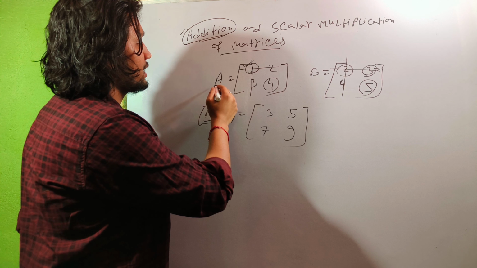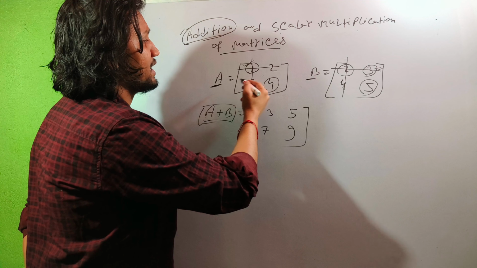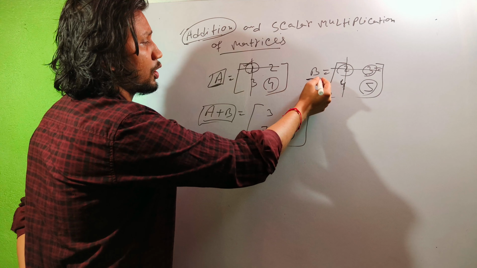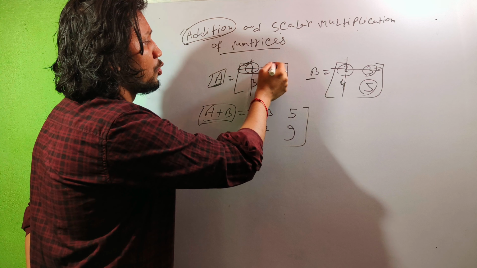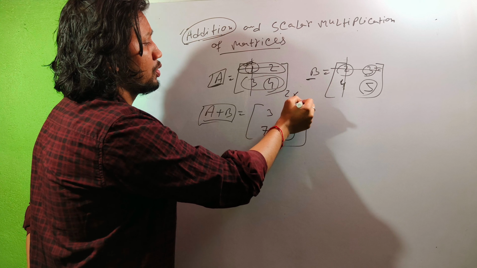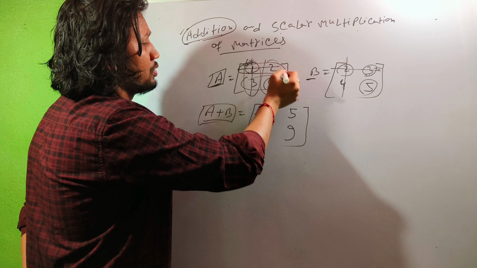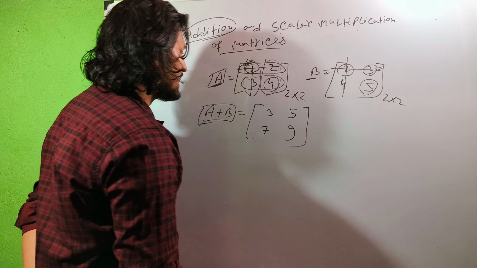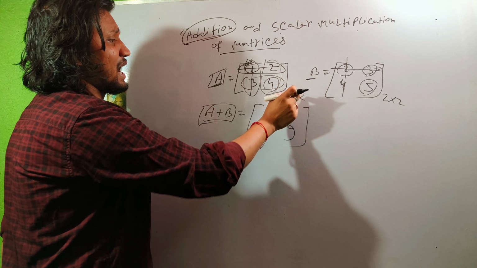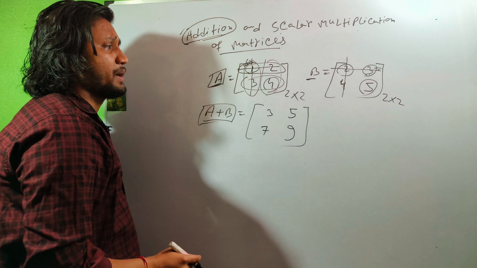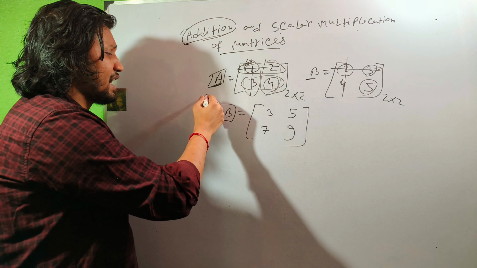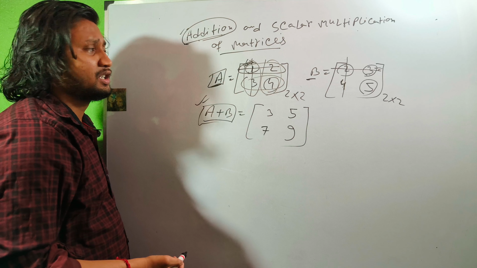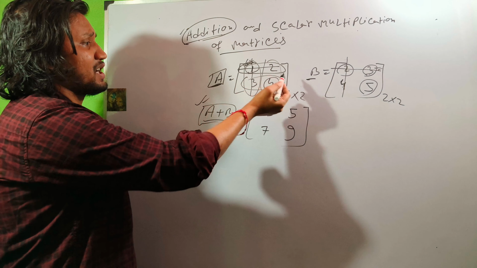That is, if we want to find the sum of A and B, then at first we have to focus on the order of A and order of B. Order of A is given here, 2 by 2: number of rows 2 and number of columns 2. For the B matrix, it is also the same. If the two matrices have the same order, then the addition is defined. Otherwise, it is not possible to find the addition of A and B.